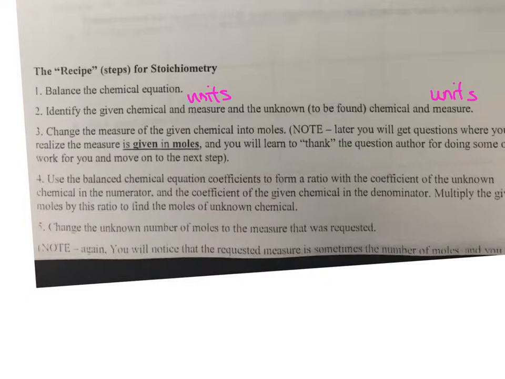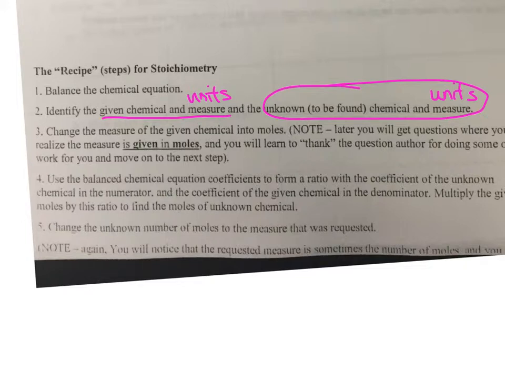So what I like to do is I like to underline the given, and I like to circle my unknown, so that I know where I'm starting, where I'm finishing, and then it'll be easier for you to use your notes to figure out what type of layout it is. But honestly, if you have a starting point and you just continually bring words down to the right, you're gonna do just fine. You don't even have to look at your notes.